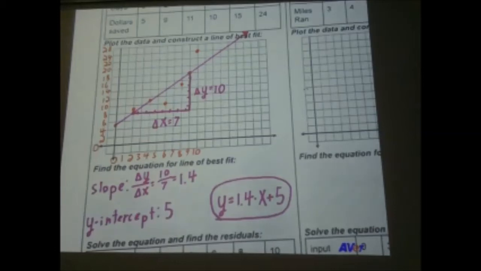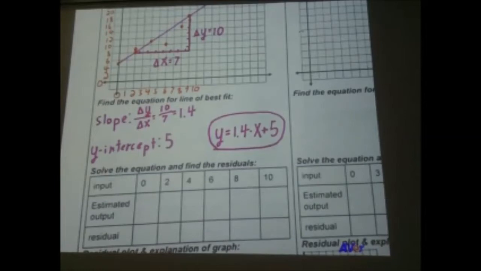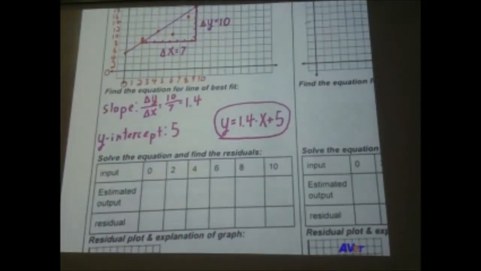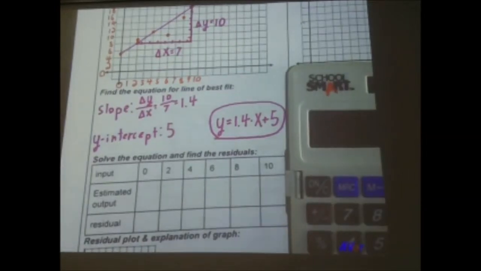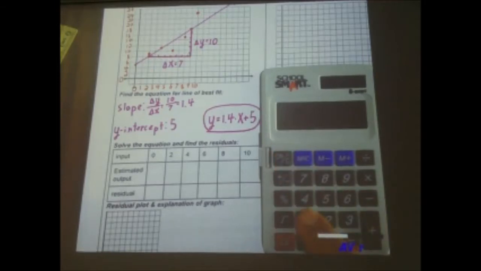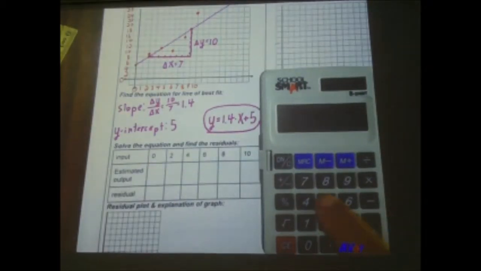From there, the next step says solve the equation and find the residuals. So all we do is find our estimated output. There are 2 ways we could do it. One way is we could plug these numbers into the equation, and I'll do it that way. All we do is 1.4 times our input, 0, and then plus 5.